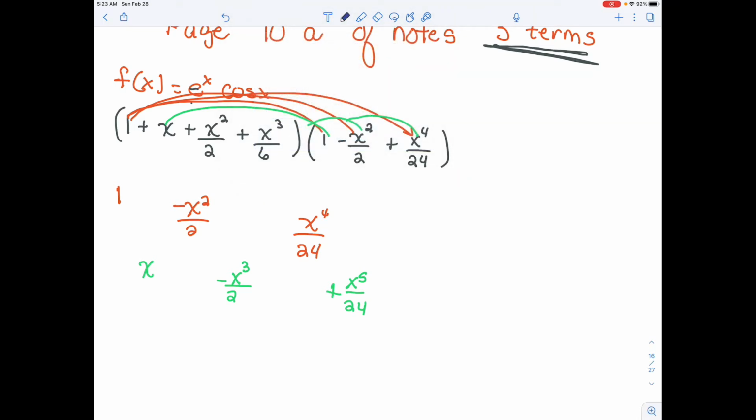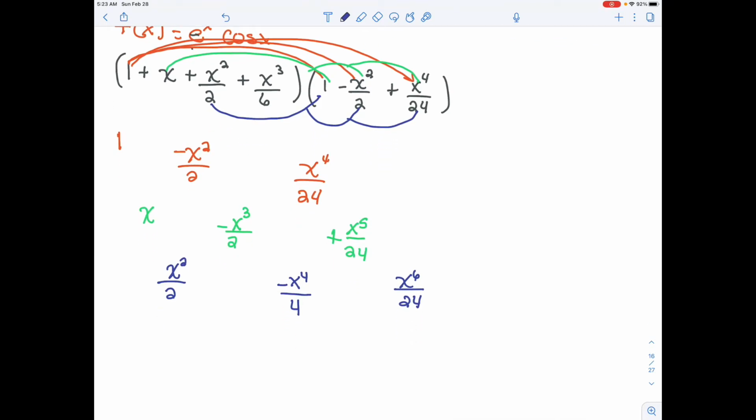Let's do x squared times each term, which gives me x squared over 2. So that'll come here. And then the next one would give me minus x to the 4th over 4. And then the next one would give me x to the 6th over 24.